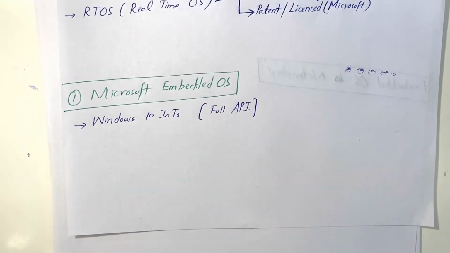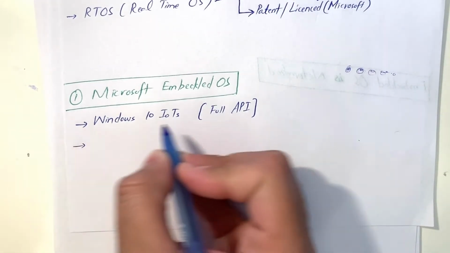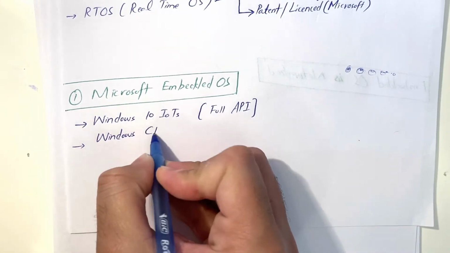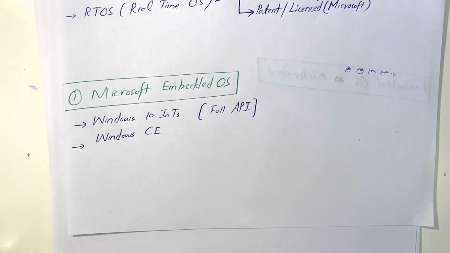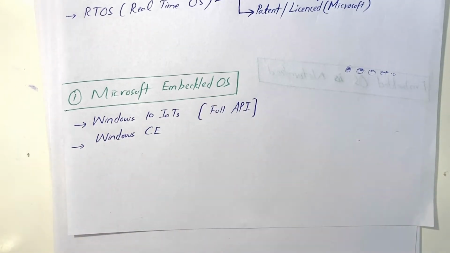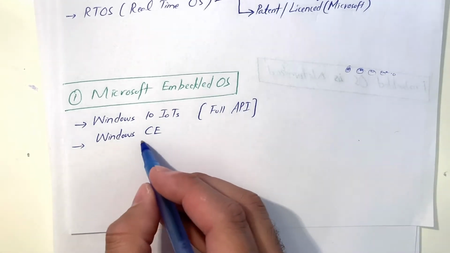where you can individually program all these sensors. The previous variant from Microsoft was Windows CE, which is basically called Windows Embedded Compact. Windows CE has been replaced with Windows 10 IoT now, but some organizations still use Windows CE.